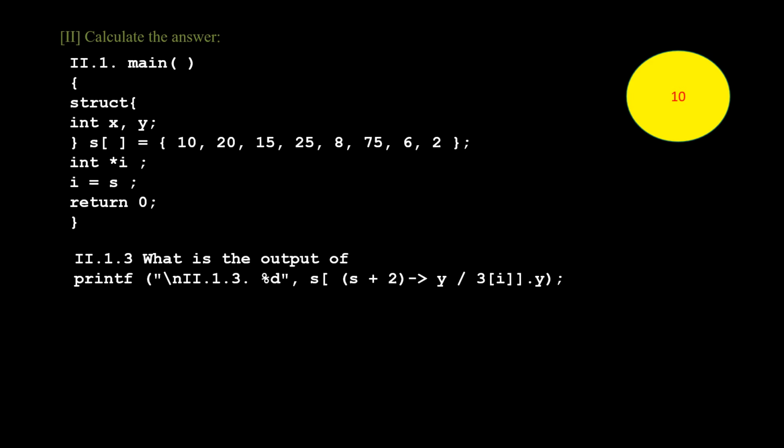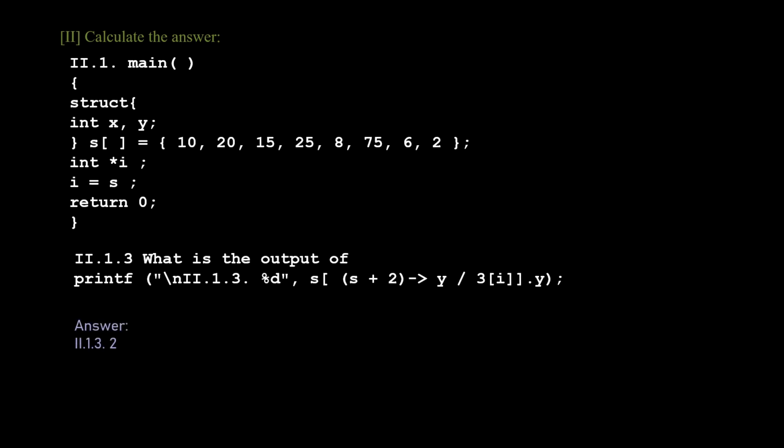Okay, let's see the output. Output is 2. Let's see how it is 2. So s+2: s[0] is 10, s[1] is 15, s[2] is 8. So s+2 would be pointing to 8, and in that y will be 75.